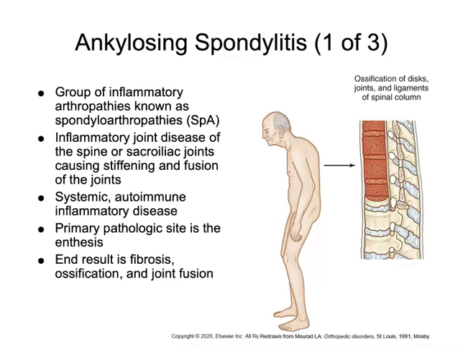This is a systemic, autoimmune inflammatory disease. And the primary pathologic site is the enthesitis, which is where tendons and ligaments attach to bone. So you can imagine how many tendons and ligaments we have in the area of the spine. And so the end result is going to be fibrosis, ossification, and joint fusion.